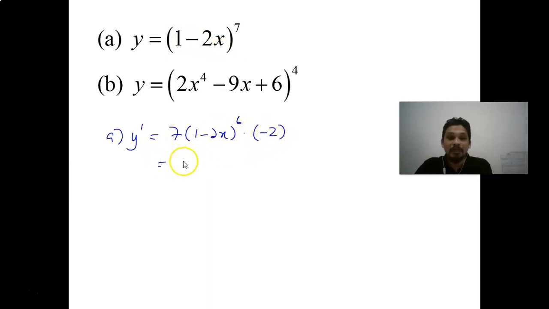So -2 times 7 equals -14, (1 - 2x) to the power of 6.